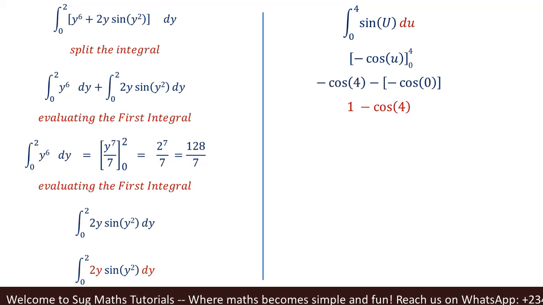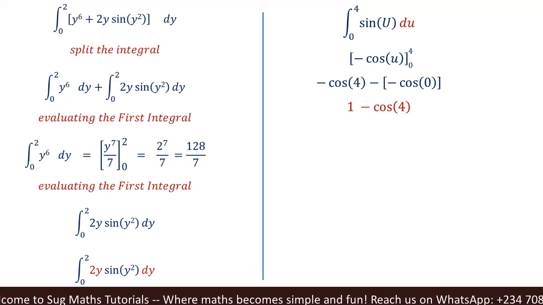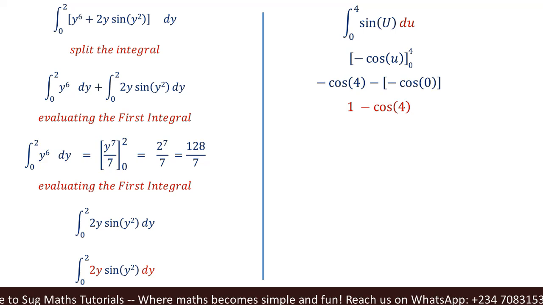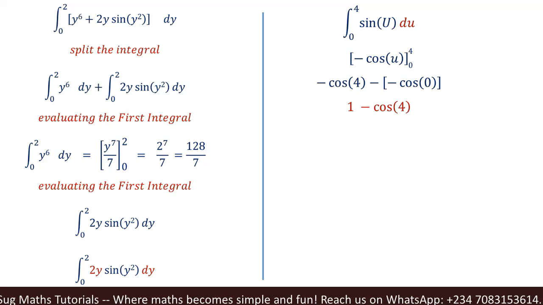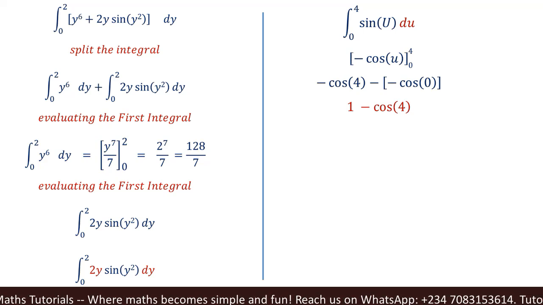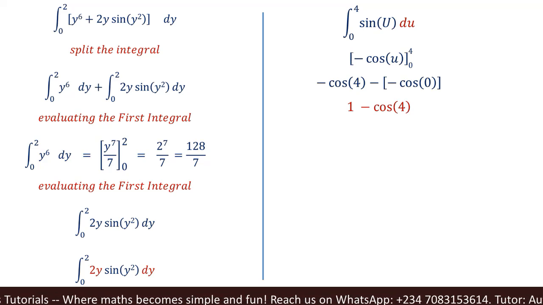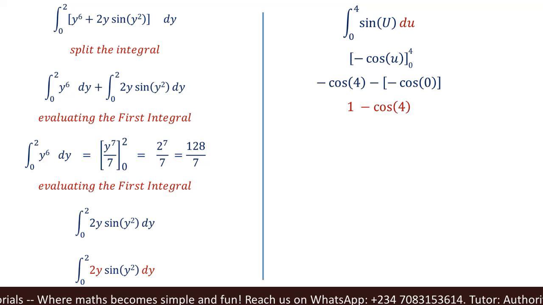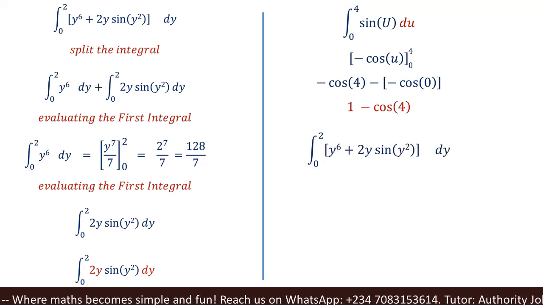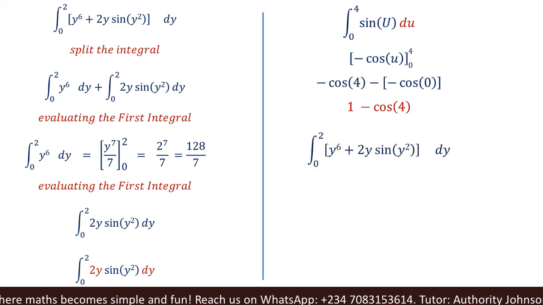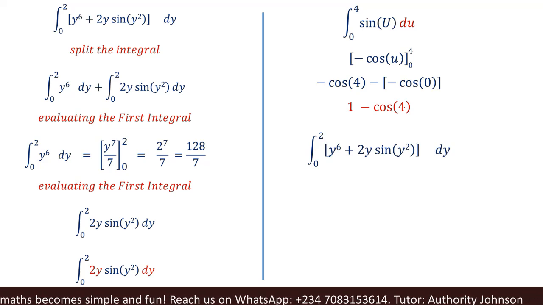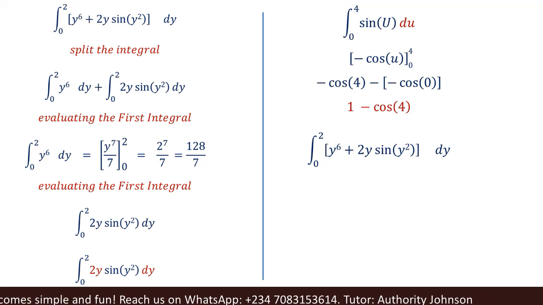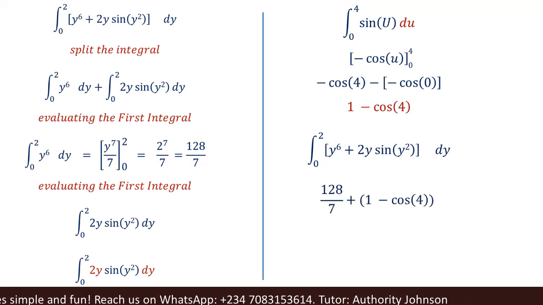We evaluated the first integral. It gives us 128 all over 7. We evaluated the second integral. It gives us 1 minus cos 4. Bringing these two integrals together, where we have the integral from 0 to 2 of y raised to the power of 6 plus 2y sine y squared dy, it's going to give us 128 all over 7 plus 1 minus cos 4.